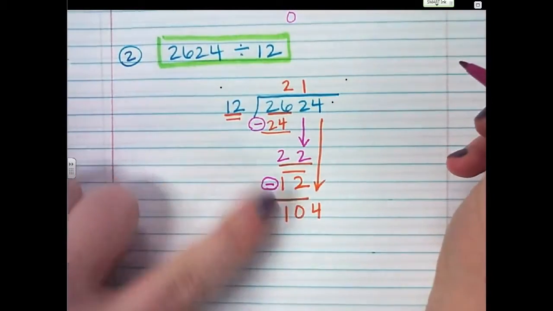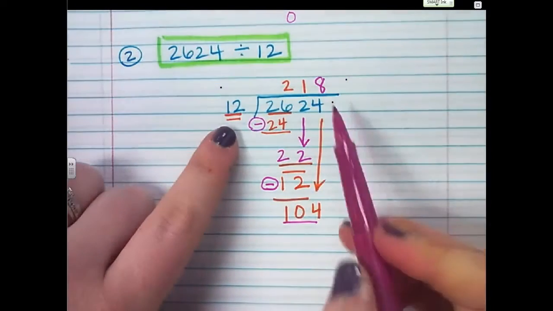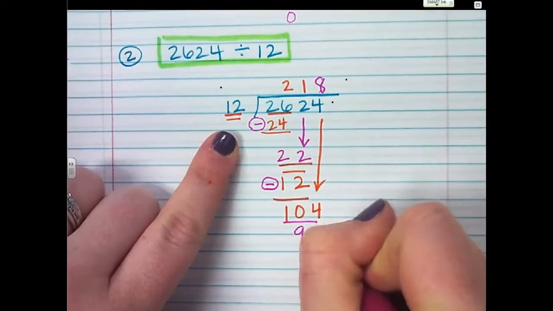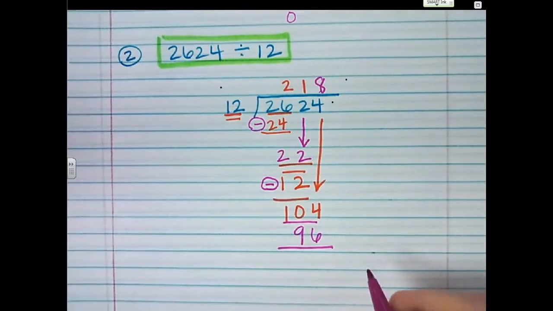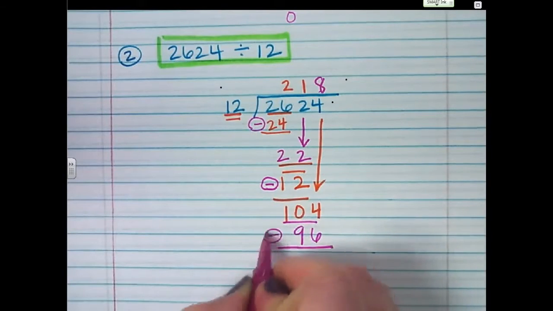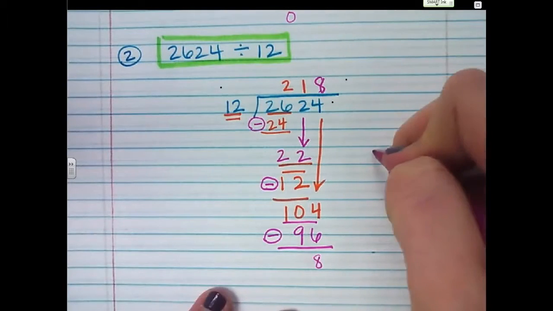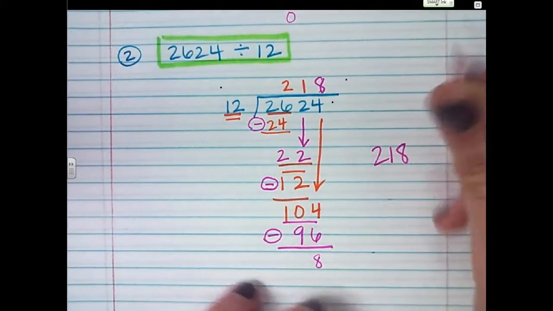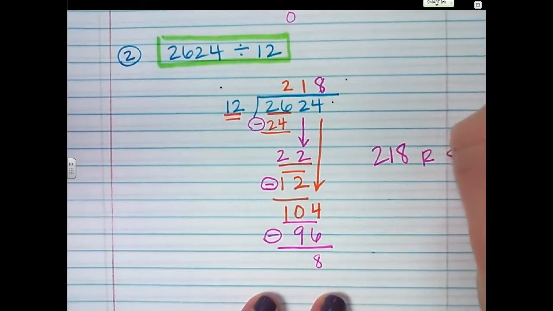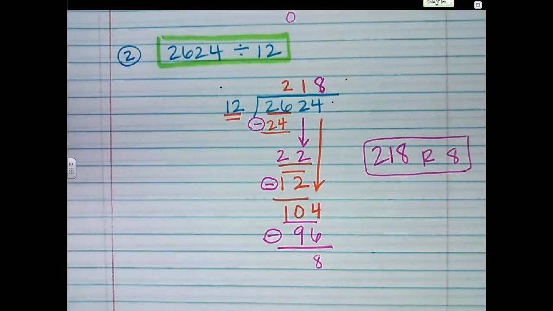So 12 goes into 104 8 times. And 8 times 12 is 96. So I subtract here, and what do we get? 8. I know sometimes you keep going and you do decimals, but we don't have to do that with polynomials, so I'm just going to write this 218 remainder 8. Because we will not do decimals today, I promise. Or tomorrow.